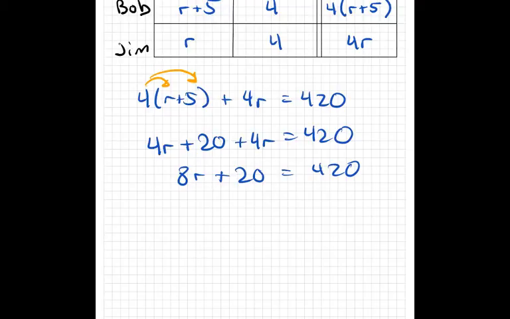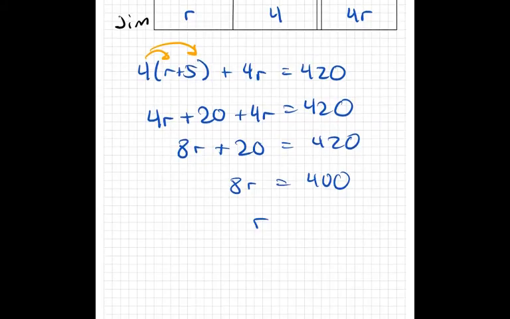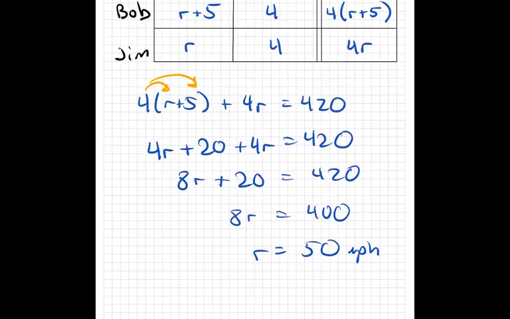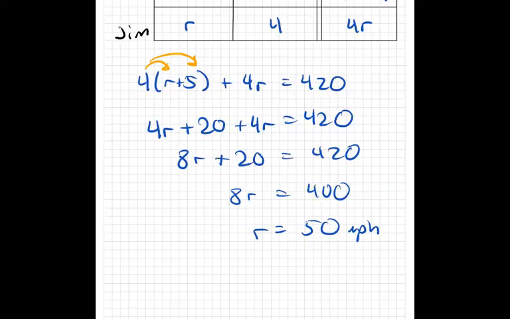Subtract the 20 from both sides, so we get 8r equals 400. Divide both sides by 8, r equals 50 miles per hour. So Jim should have traveled at 50 miles per hour.